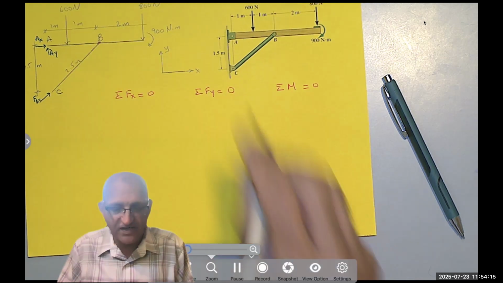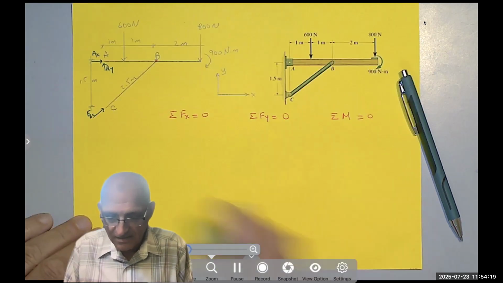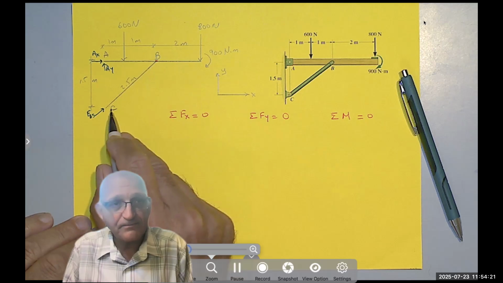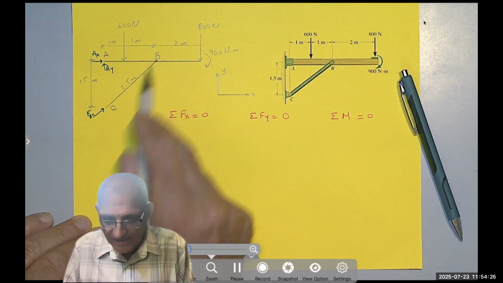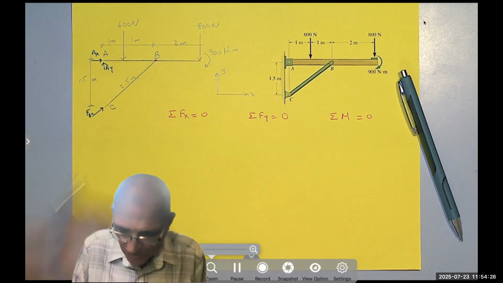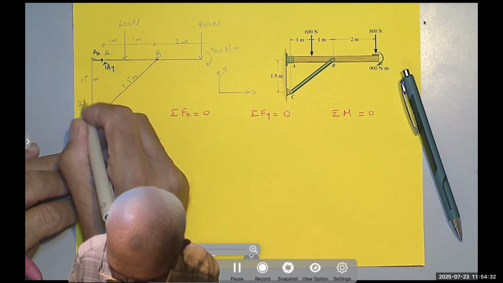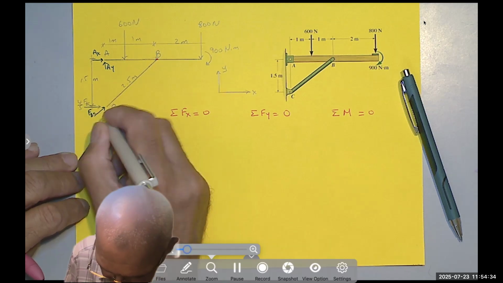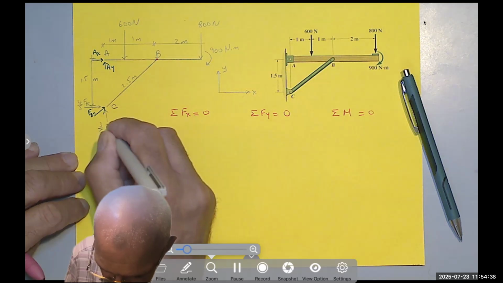You can easily find it. That's a Pythagoras triangle, 3, 4, 5. So the horizontal component is 2 over 2.5 or 4 over 5. So you could have said this is 4/5 FBC and this is 3/5 FBC.